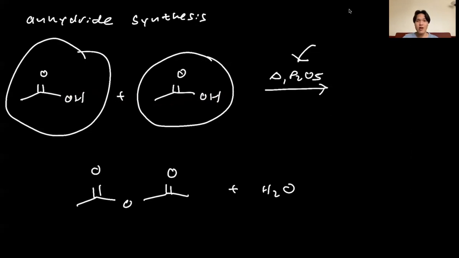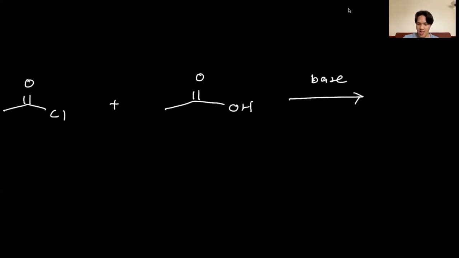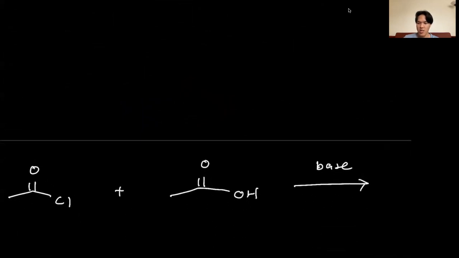Again, it's not really that hard, but it can get really tricky sometimes. I'll show you a very common example. You'll have something like this, where now you have two cyclic carboxylic acids.